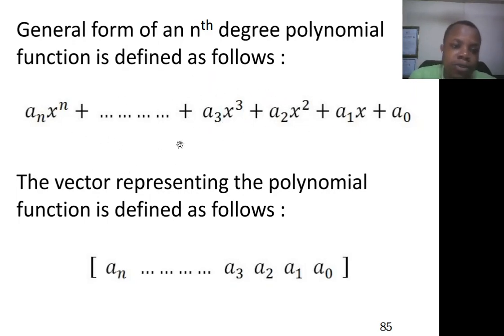So this happens to be the general form of any polynomial. Once we have a polynomial of this nature, how do we compute this in MATLAB? And that is basically what this chapter is about.